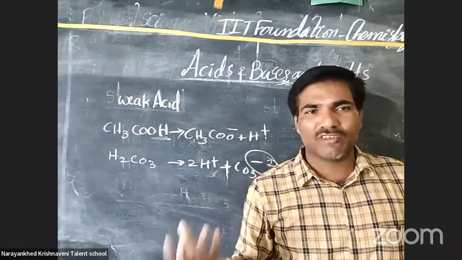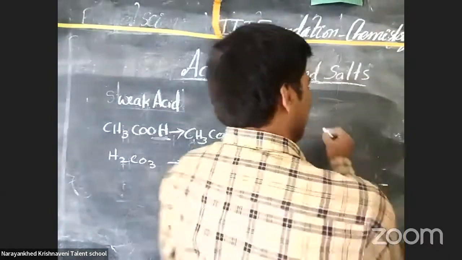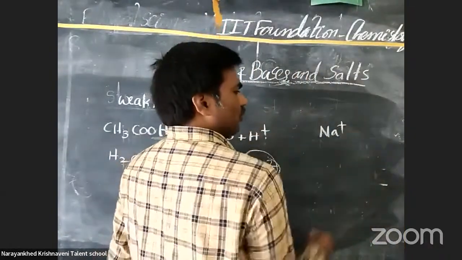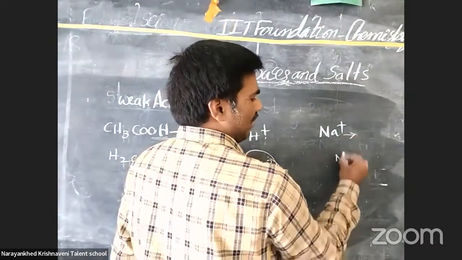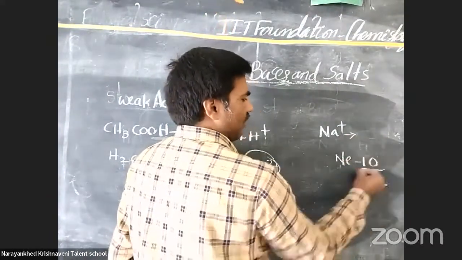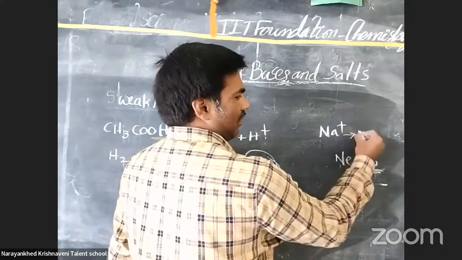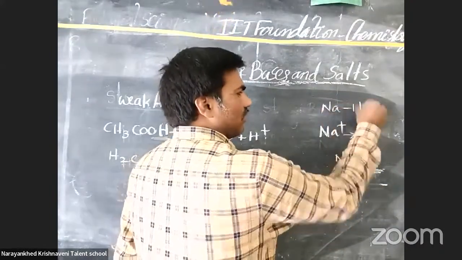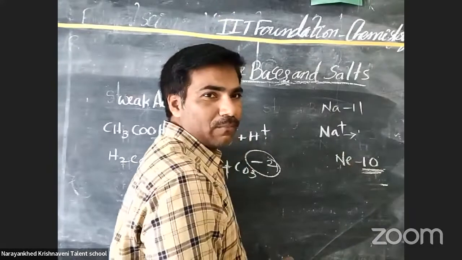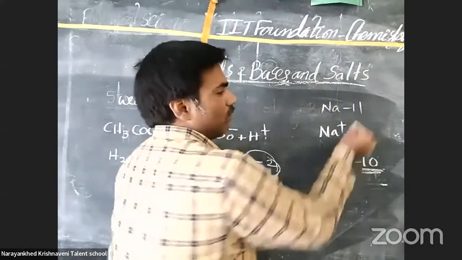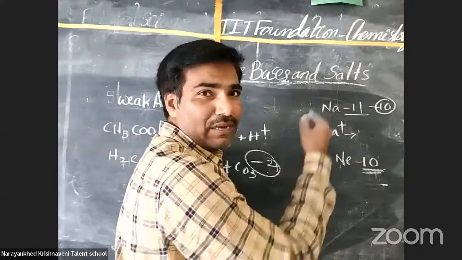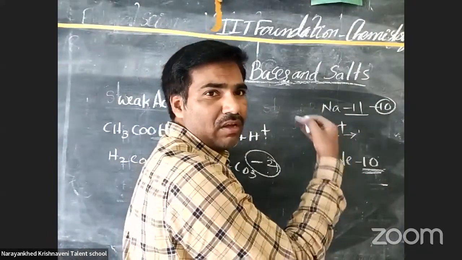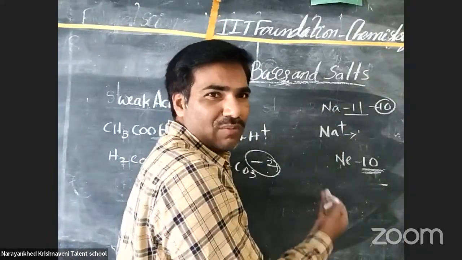Suppose you take sodium, we call it sodium plus. Why? The nearest inert gas for sodium is neon. Neon's atomic number is how much? 10. To have 10 electrons, actually in sodium, how many electrons are there? 11 electrons. Now if it becomes 10, at that time it is stable.